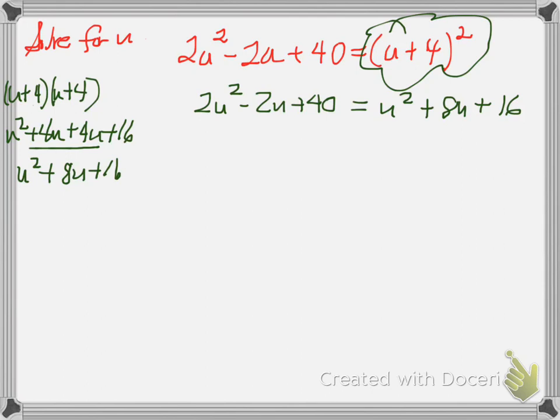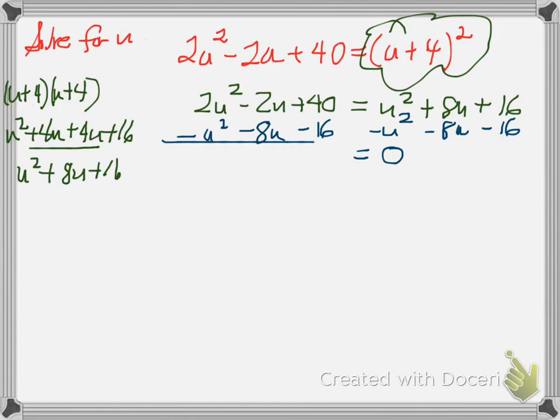So my next step is I've got to get a 0 right here. In order to get that 0, I'm going to have to move all those guys over. So I'm going to have to subtract u squared, subtract 8u, and subtract 16. That'll give me my 0 on the right-hand side. My left-hand side is just combining like terms.